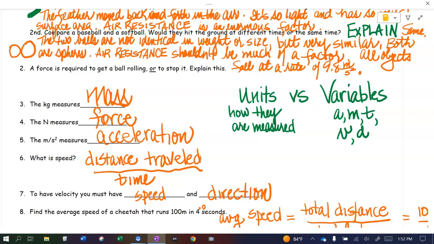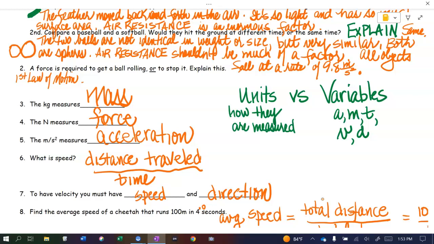Well, according to Newton's first law, all right, the first law of motion, all objects will stay at rest or move in a straight line at the same speed unless they are acted upon by a non-zero net force. Yes, it's the first law of motion.